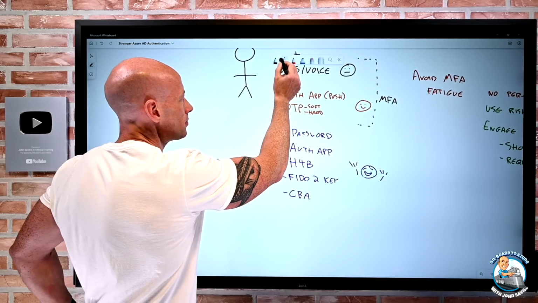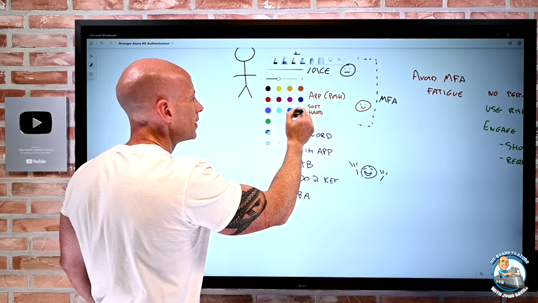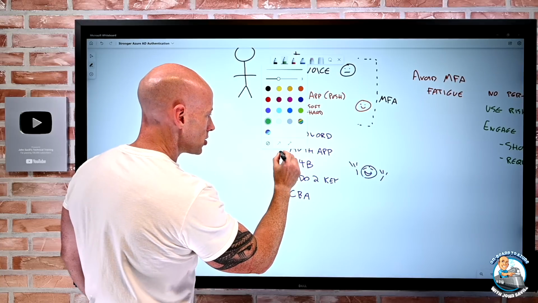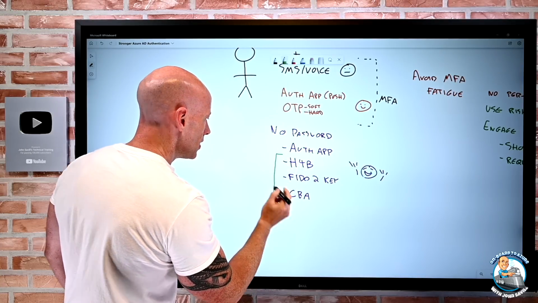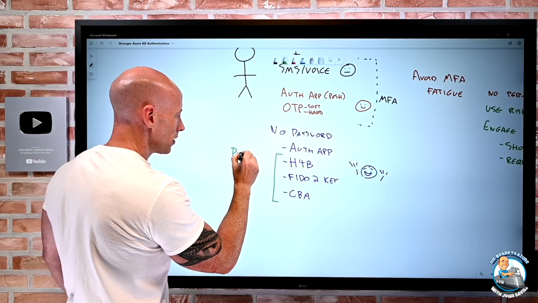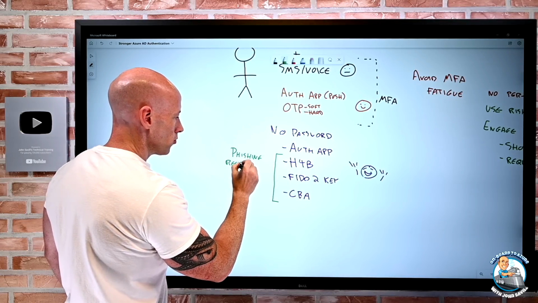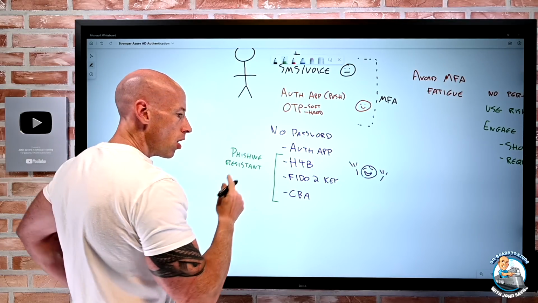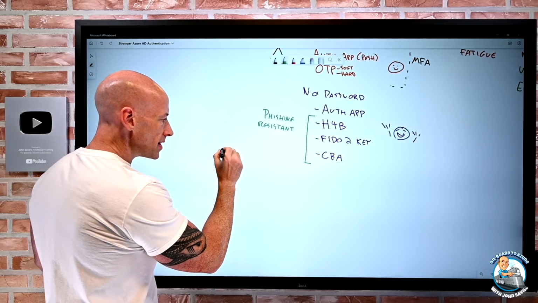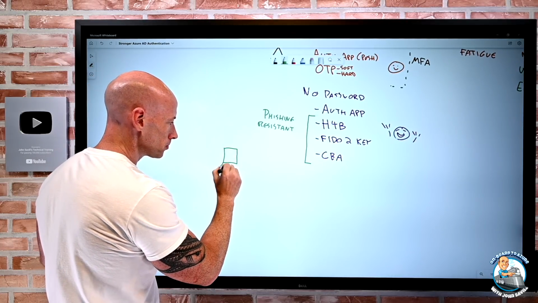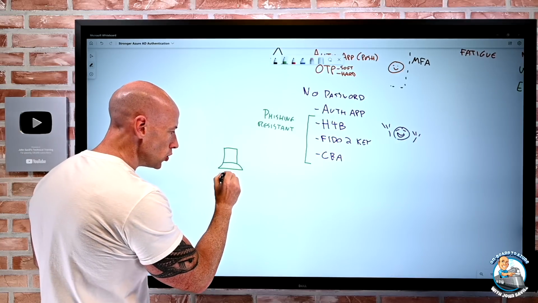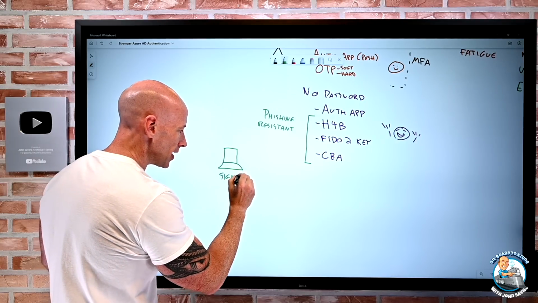Whereas, if we were to look at these technologies, these are phishing resistant. And why is that? Well, remember, there's a physical machine where I am trying to do the sign-in.